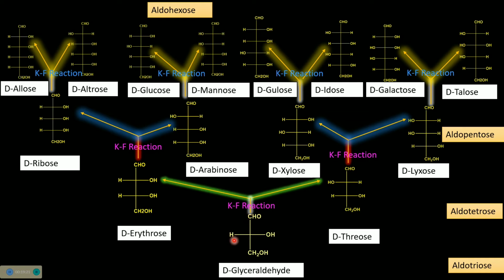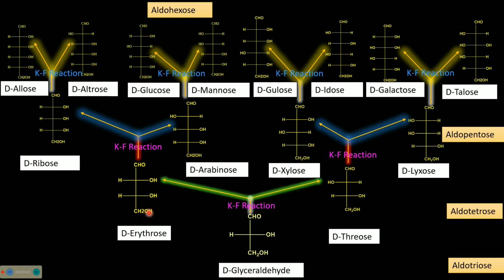See, this is D-glyceraldehyde, a triose. Just draw a tetrose, meaning there should be 4 carbons. Topmost should be the aldehyde, since we are discussing aldoses, and the bottommost CH2OH.